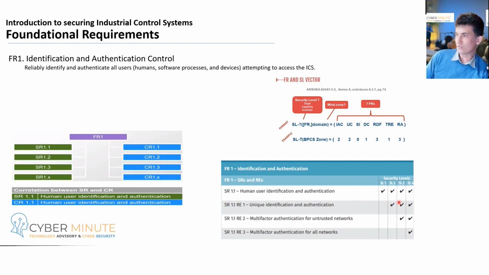If we want a security level 2 system, then we have to make sure that we uniquely identify everybody. If you want to get to a security level 3 system, we will add multi-factor authentication for untrusted networks. If you need a security level 4 system, we will add multi-factor authentication throughout. So it's a very clear structural way of knowing what to do, of having a control set to apply based on that identified security level.